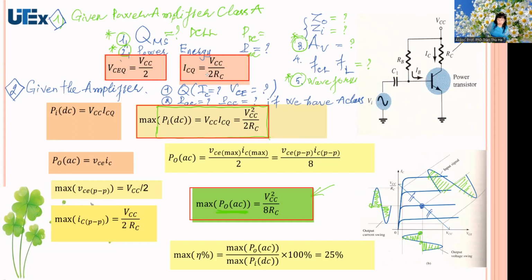You will should be to take VCEQ and ICQ different. And this here, the value you should be to multiply. You can have the PC energy. The ICQ multiply VCEQ.